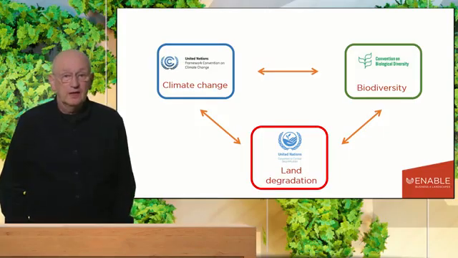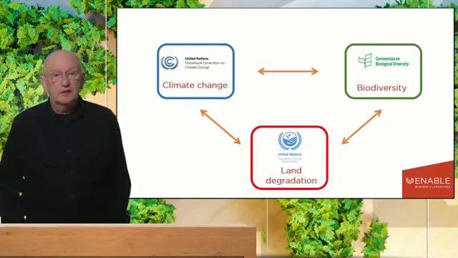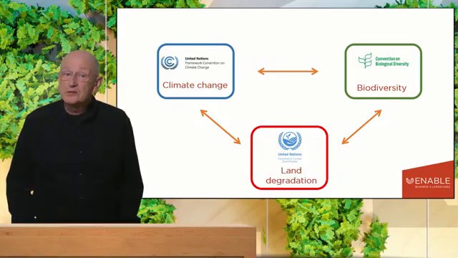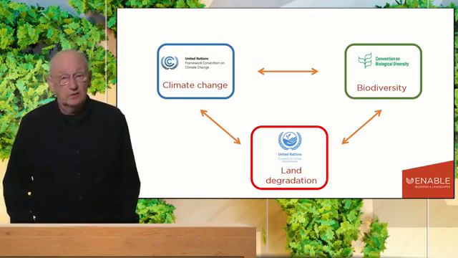The international scientific and policy communities increasingly recognize the various threats of Earth's ecosystems as are described by the United Nations Convention on Climate Change, Biodiversity, and Desertification. All these conventions are linked to the concept of land condition.